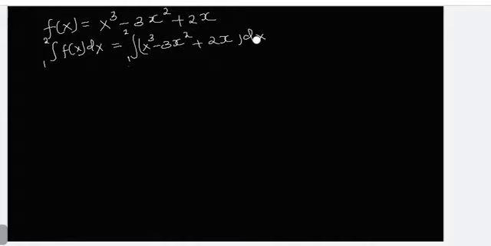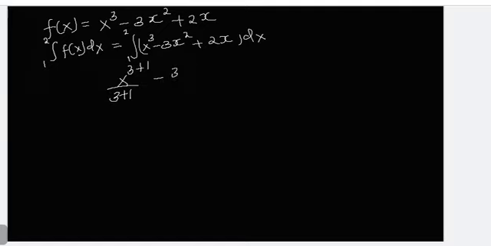So we are going to have to integrate each of the entries in turn. The first one is x to the power of 3. Of course, to integrate, we'll need to add 1 to the power and divide everything by the resulting power.